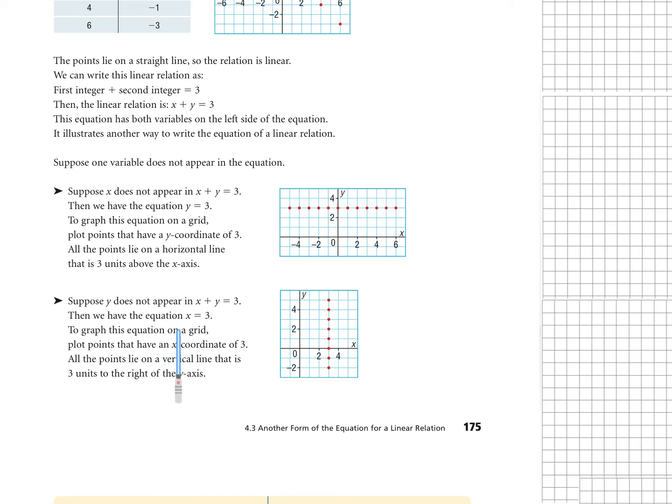If we're missing the y-coordinate, then we're always going to have a vertical line going through the x-coordinate at whatever value of x. Okay, so these are just ways to graph straight horizontal lines and straight vertical lines.